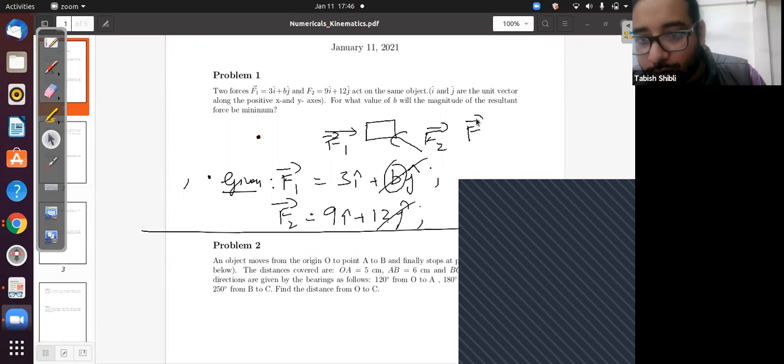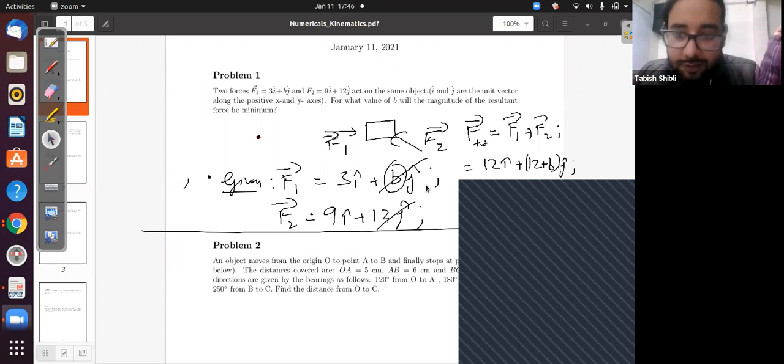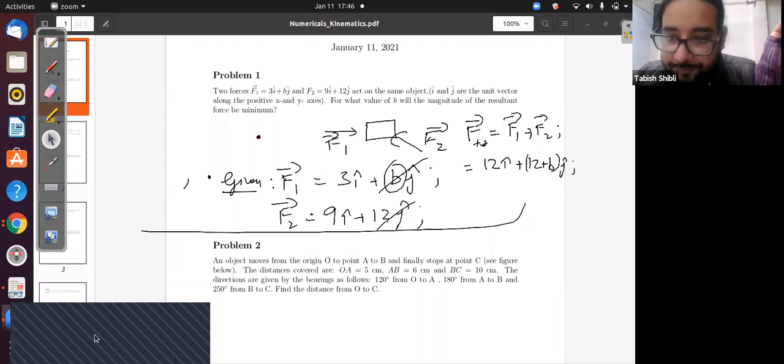Well, you will say that the total force should be just equal to F1 plus F2. So this will be 3 plus 9, which is nothing but 12 I cap plus (12 plus B) J cap. That is the resultant force, which is expected.